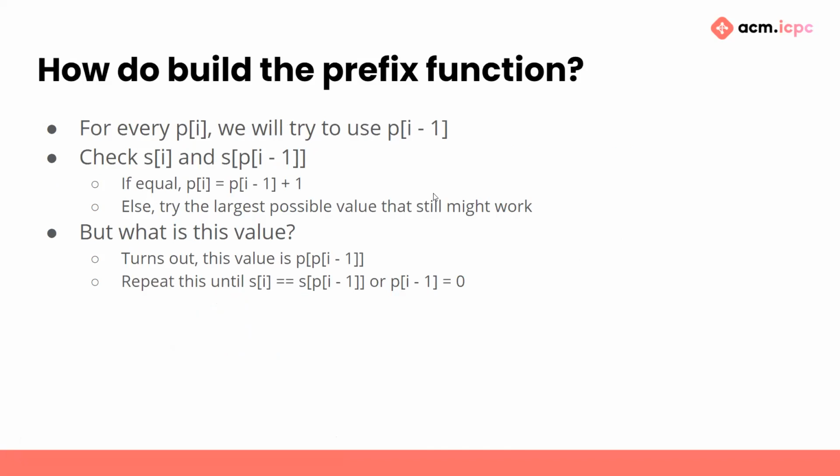So how do we build this prefix function? You can notice that for every single pi, we can build off of pi minus 1, which is the answer before it. So first we can check the character at s of i and s of pi minus 1. Because pi minus 1 is the max prefix that's also a suffix.